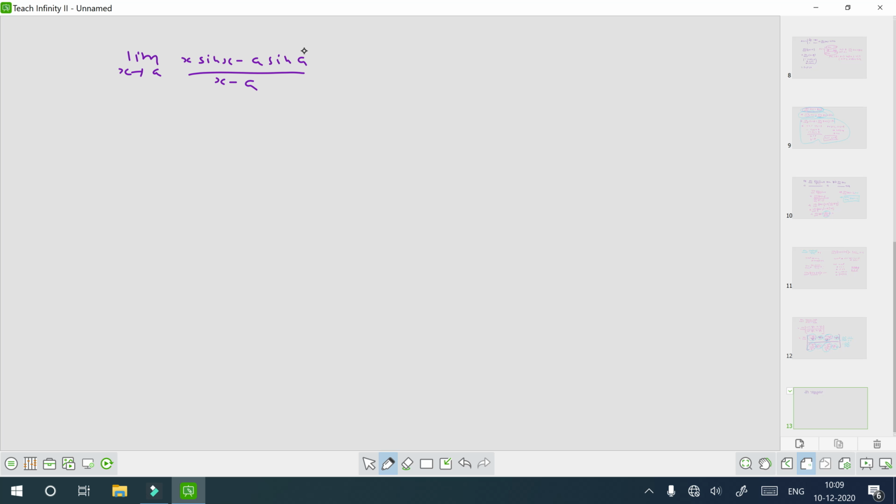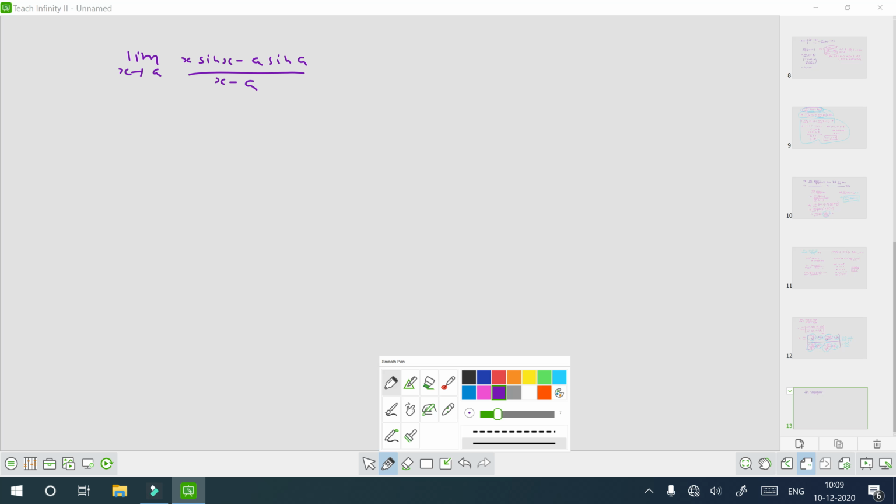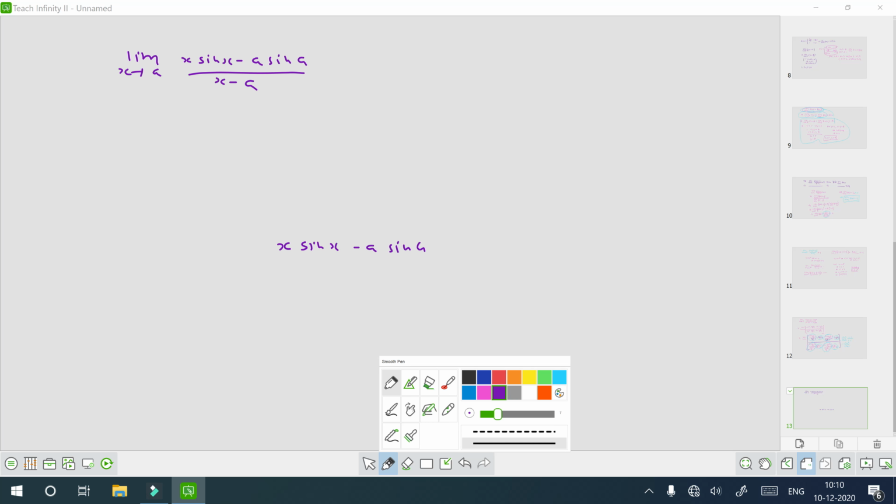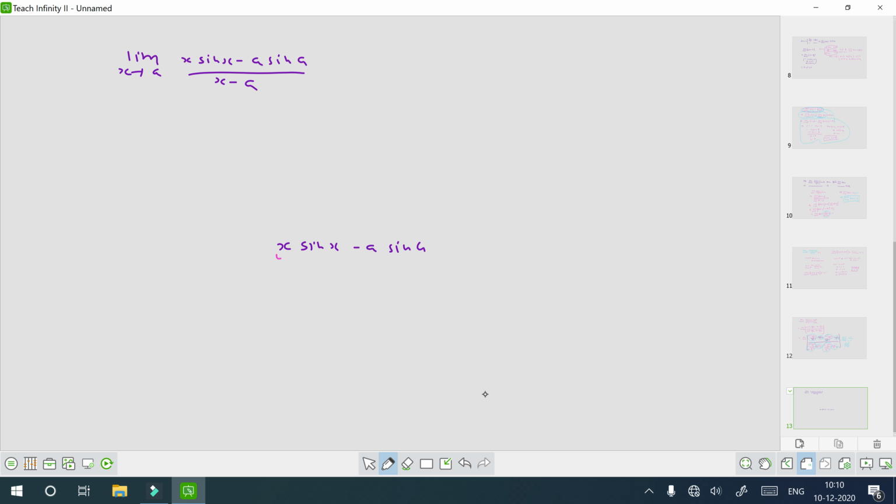How to solve this type of question? Very interesting. See, x sin x minus a sin a. All these four parts are different: algebraic function, trigonometric function, of course constant, and here constant sin a. 1, 2, 3 and 4. This type of functions are given to us.